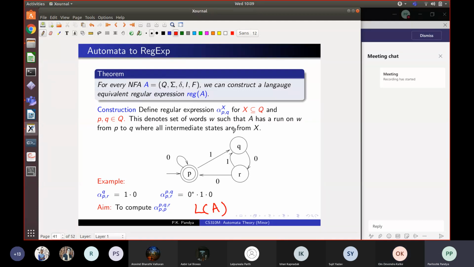So all the intermediate states are from X. What it basically restricts is which states should not occur as intermediate states. That's all it does. It's a negative construct, not a positive constraint. So that's a good question.